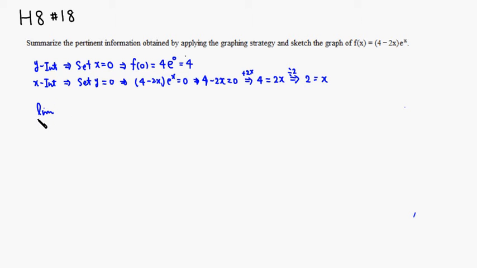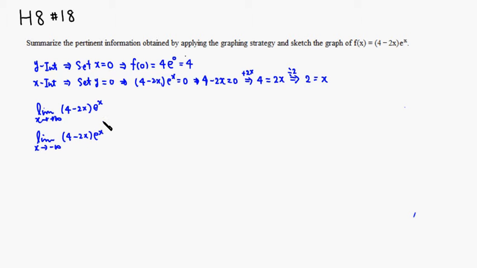So we have the limit as x approaches positive infinity of (4 minus 2x) e to the x, and the limit as x approaches negative infinity of (4 minus 2x) e to the x.